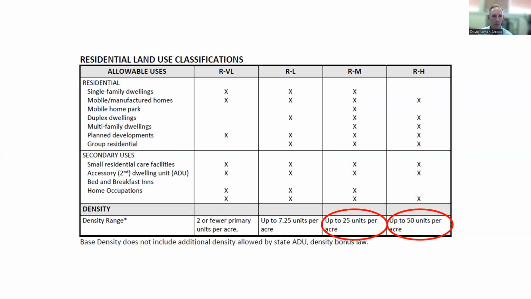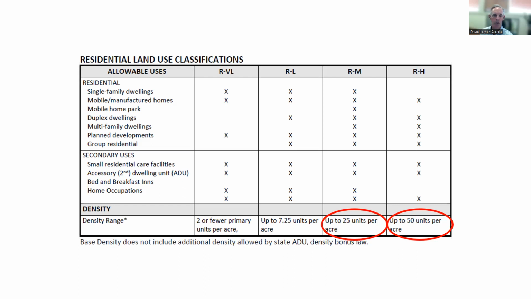It also doesn't include the new small lot subdivision or SB9 subdivisions that are allowed for in residential low density properties. And so we're concentrating densification in residential low based on state density law, and we're concentrating our higher densities in residential medium and residential high in properties that we've got zoned using local law.